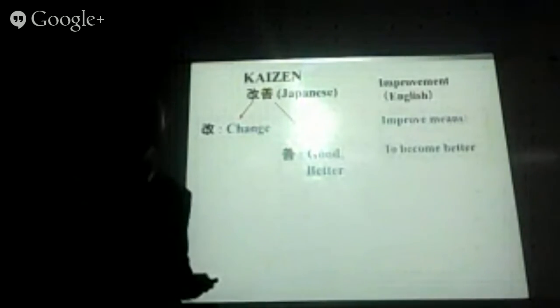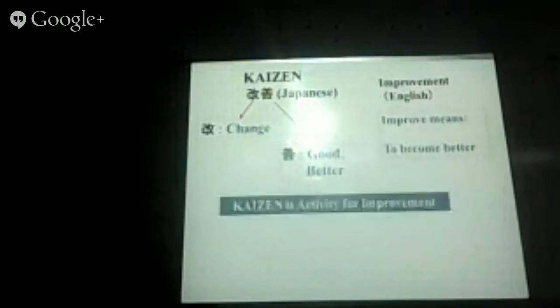Zen means good or better. Therefore, Kaizen means change for the better. On the other hand, in English, there is the word improvement. Improve means to become better. So Kaizen is the activity for improvement.